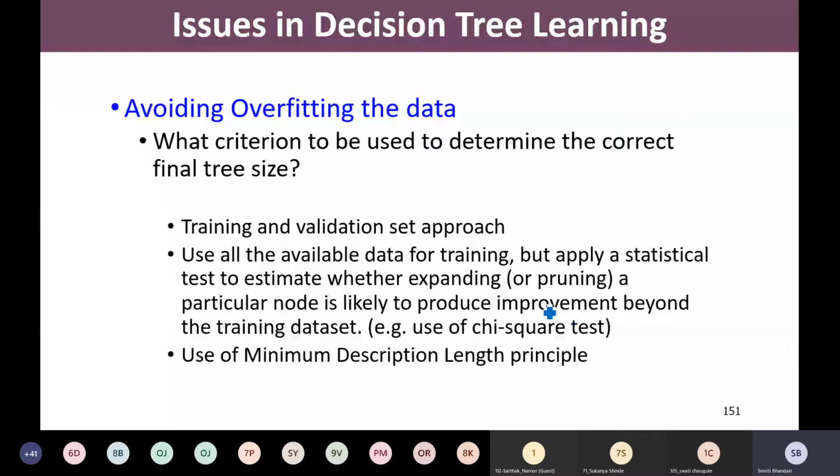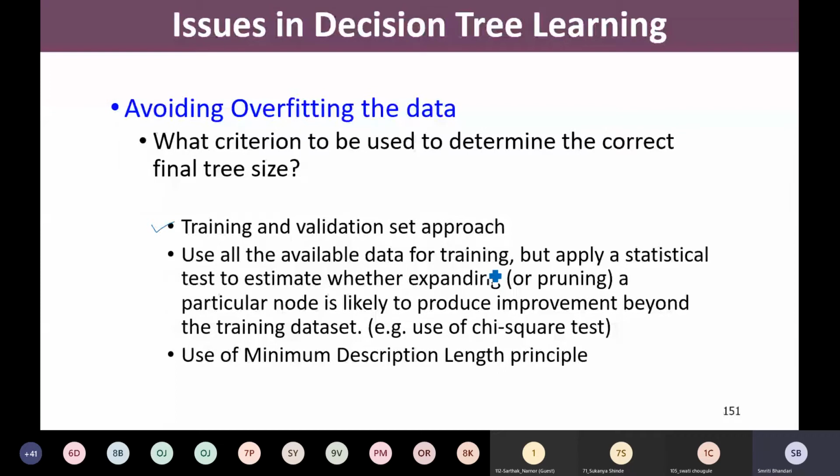To determine the tree size appropriately, we come across an approach wherein we have two data sets, training and validation. So we are making use of the training data set and the validation data set.